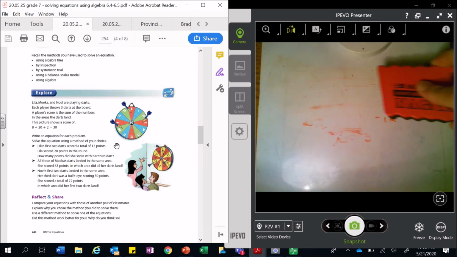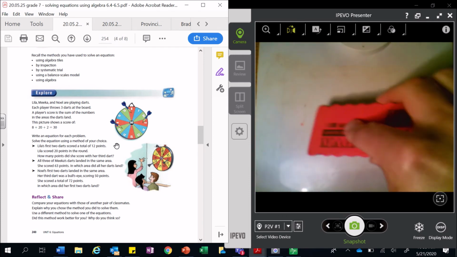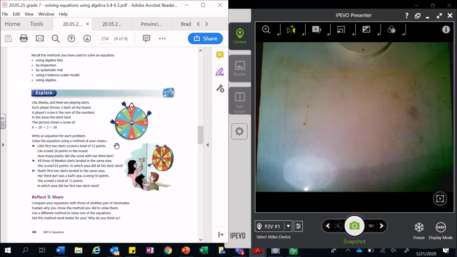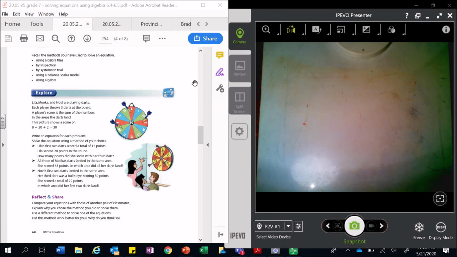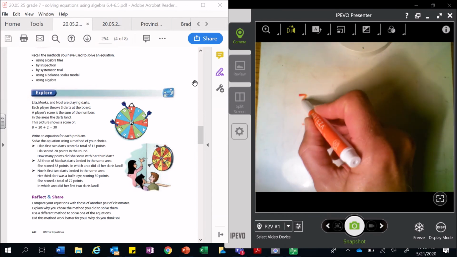All 3 of Mika's darts landed in the same area. That means they were the same score because they landed in the same spot on the board. She scored 63 points. In which area did her dart land? Since all her darts were the same, I could just say that there were 3 darts.